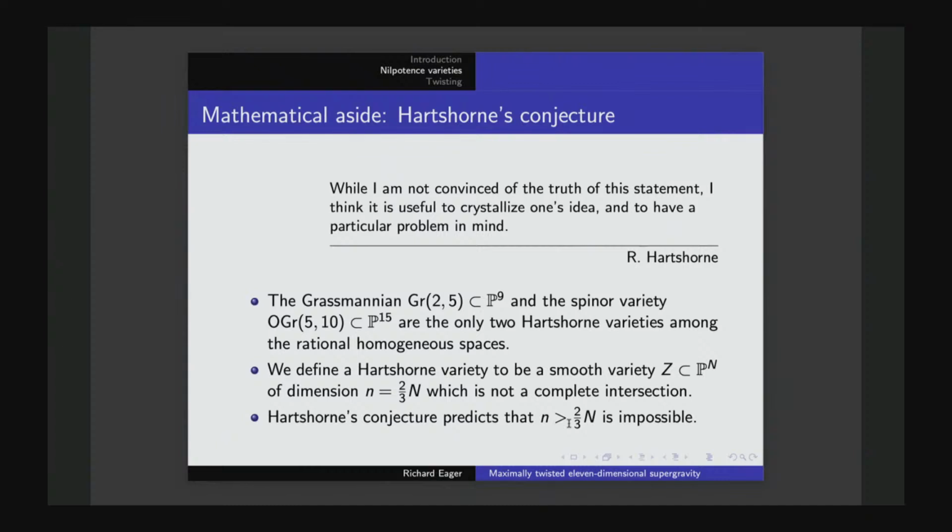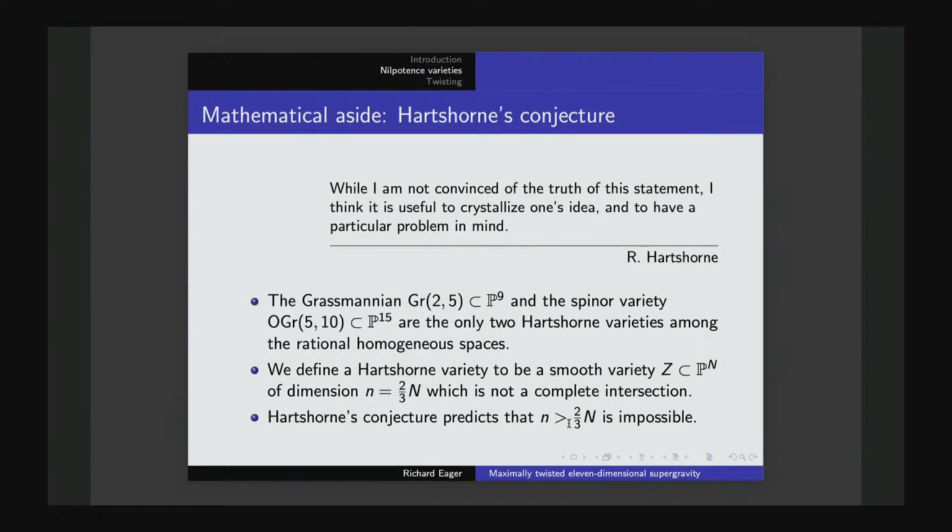Easy examples are like Grassmannians. So if you take larger Grassmannians, let's see. Grassmannian 2-5 is in P9 and it's dimension 4, which means it's codimension 6. That's a maximal codimension you can have.